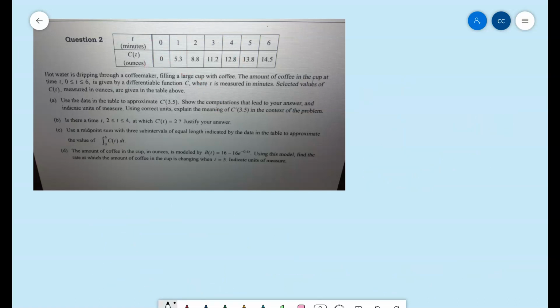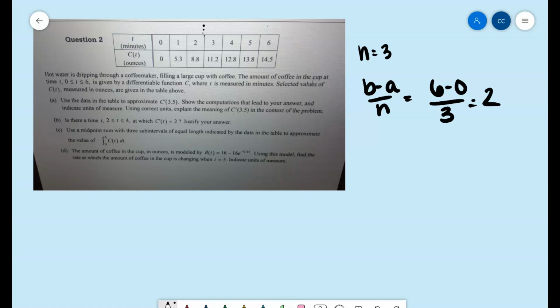Use a midpoint sum. All right, so this is a Riemann sum question with 3 subintervals of equal length. So that means my n value is 3. My formula is b minus a over n. So b is 6, a is 0, over 3. So that means my subinterval lengths are 2.